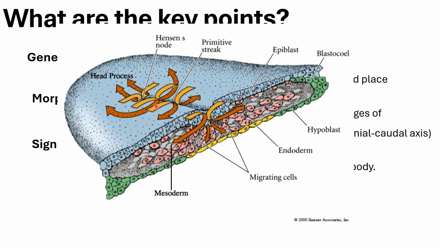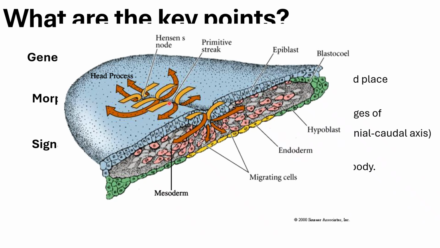Okay, so here you can see that the Hensen's node dictates which is the left and the right, so the lateral symmetry, and then the notochord, which will eventually develop into the head process, dictates the cranial part from the caudal part.